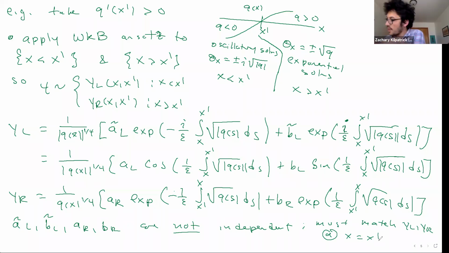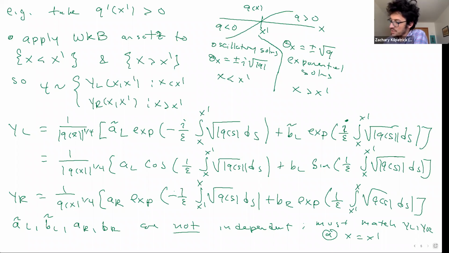We're going to do that through a transition layer. Let me see how far I can get with this today. The idea is that we write down some rescaling of x, and do the matching in that rescaled variable.